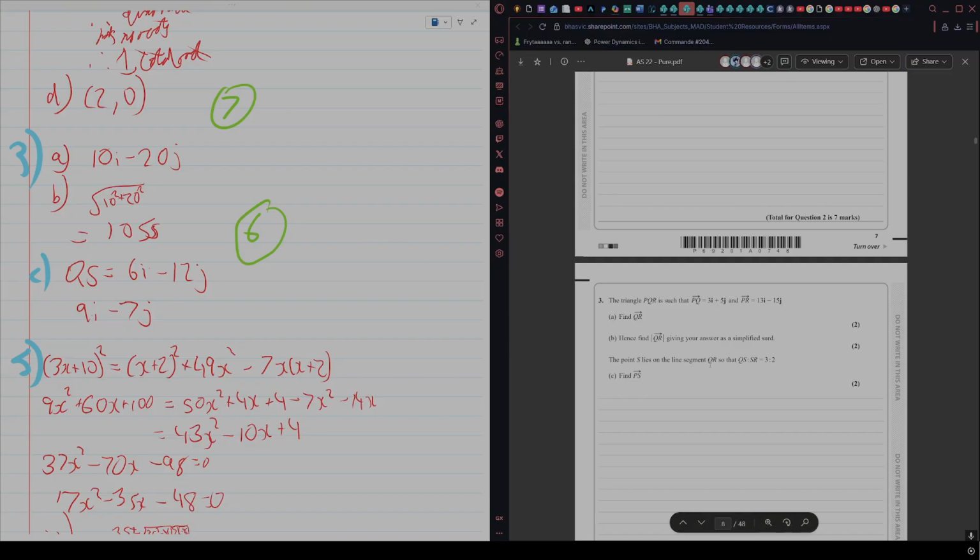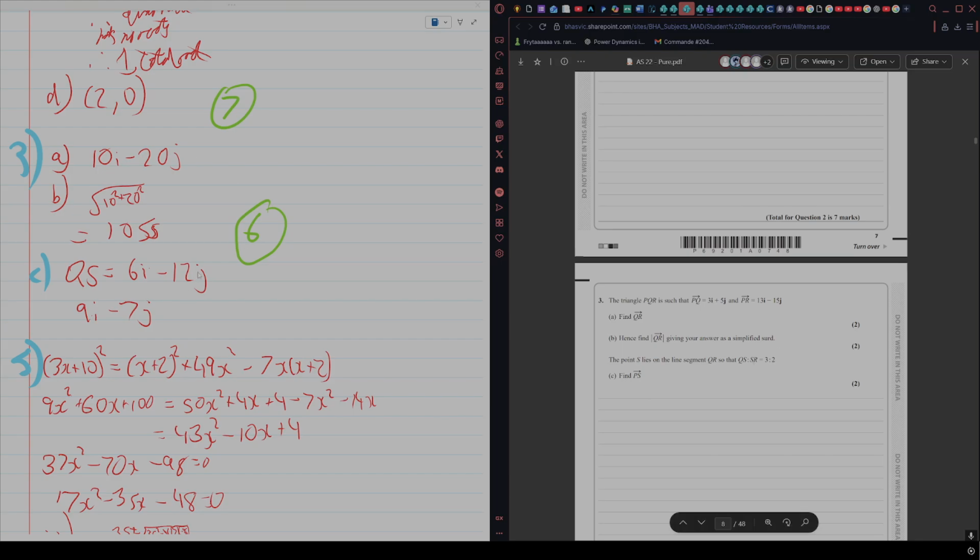And then the point S lies on this line segment, where you can find QS because QS to SR is that ratio.